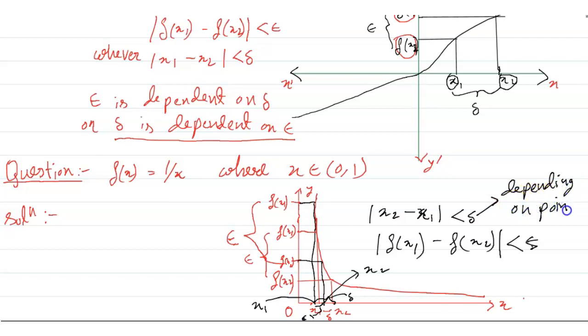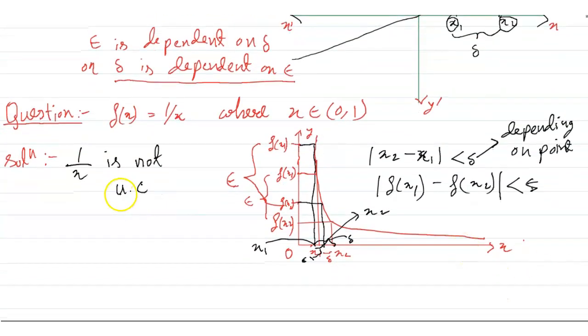So friends, if delta is depending on the point, hence 1/x is not UC, uniformly continuous, on (0, 1).